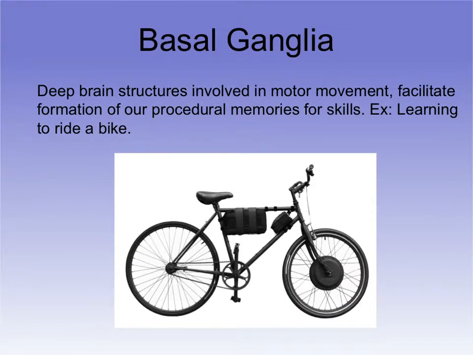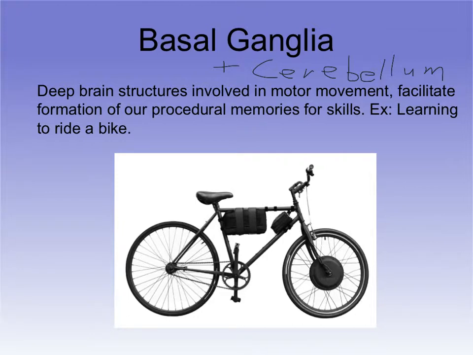The basal ganglia is very similar to the cerebellum. You will not need to know the difference between the basal ganglia and the cerebellum, so I'm just going to put them here together. Basal ganglia, cerebellum. For our purposes in AP intro to psych, they're essentially the same thing. They both help with implicit memories.